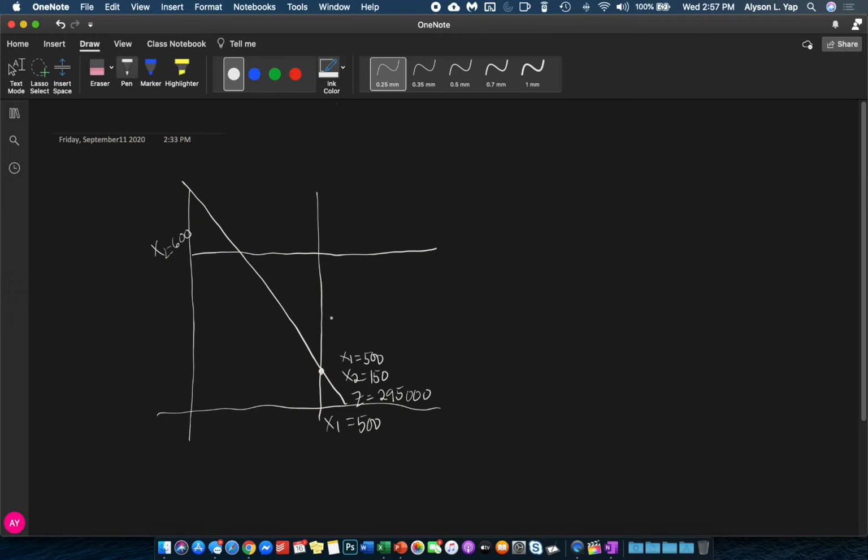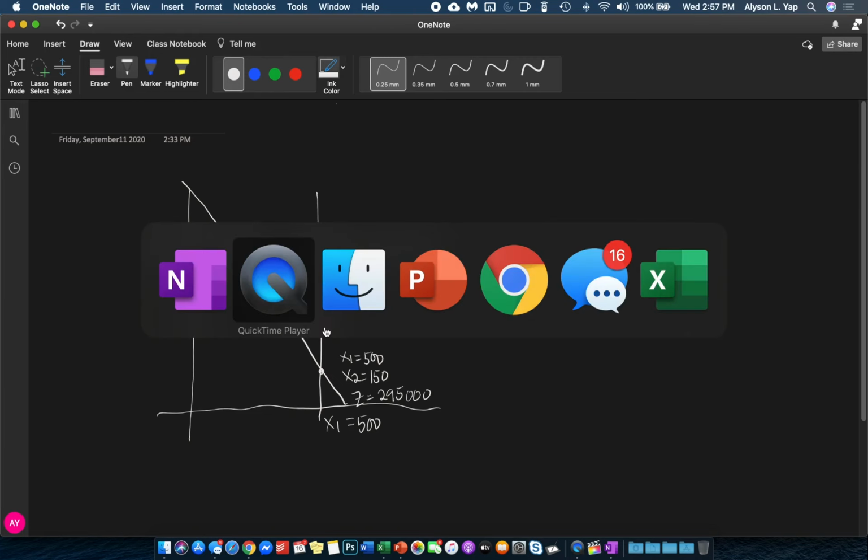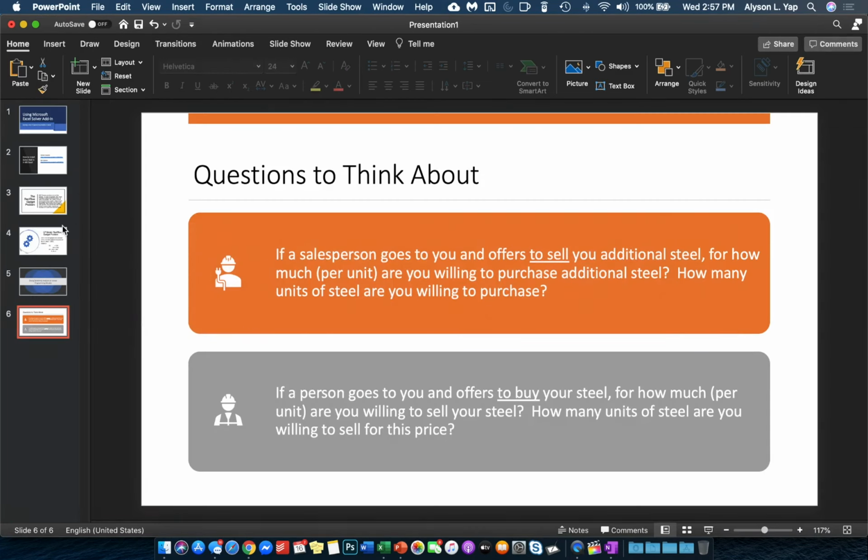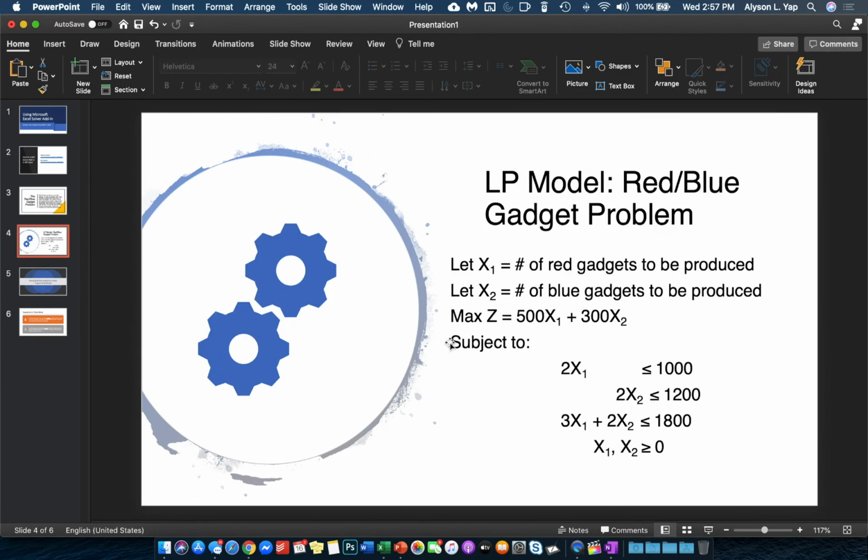If you're adding steel to your steel supply, then if we go to the linear programming model, you will see that this 1000 on the right hand side will go up.